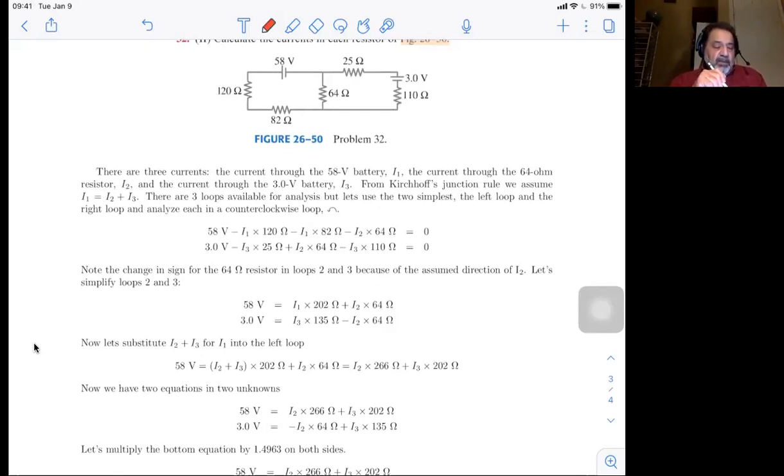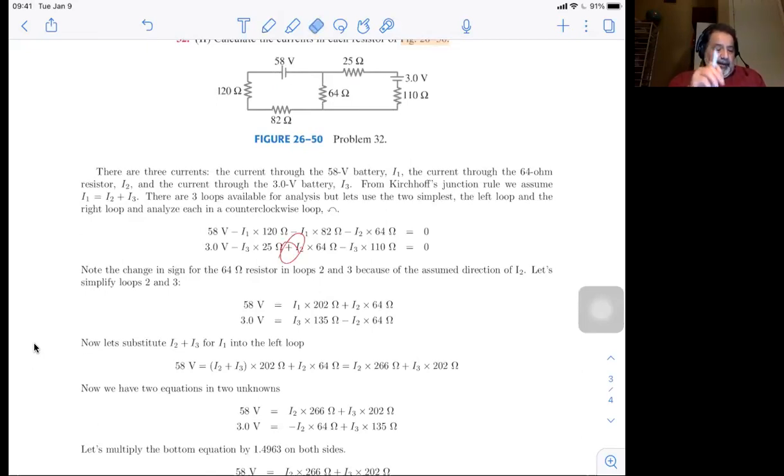Now if we do the same thing with the second one, 3 volts equals I3 times 135, that's the sum of the 25 and the 110, minus I2 times 64 ohms, because it was positive on this side, it becomes minus on that side.